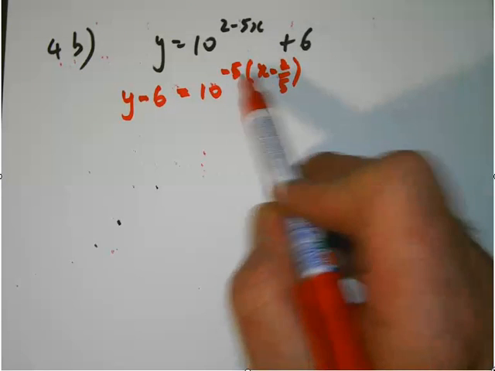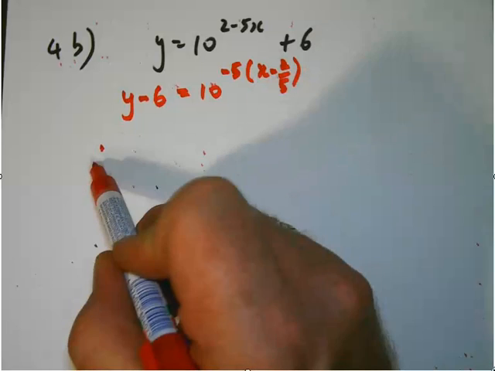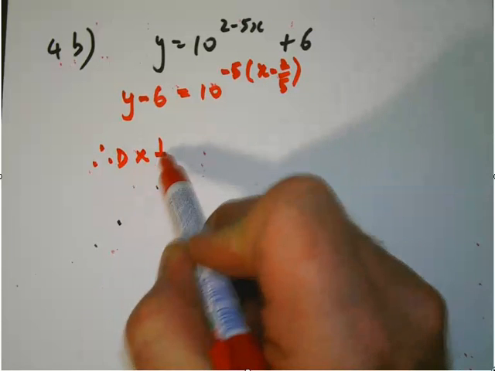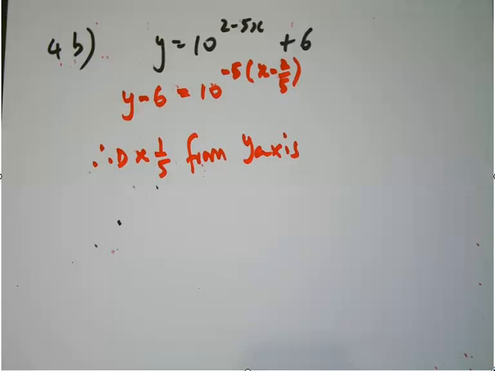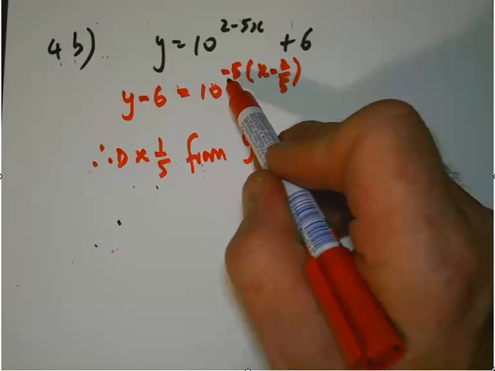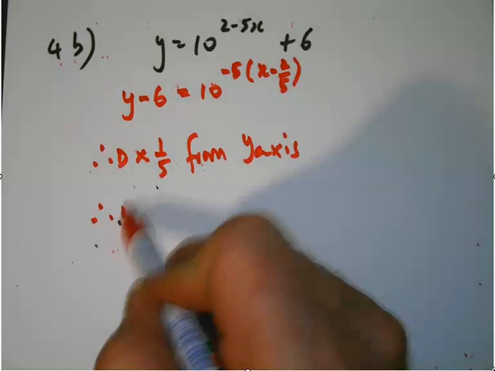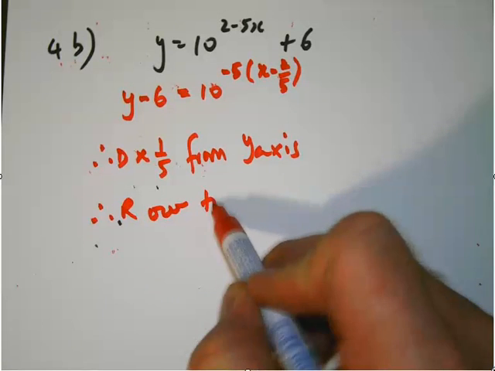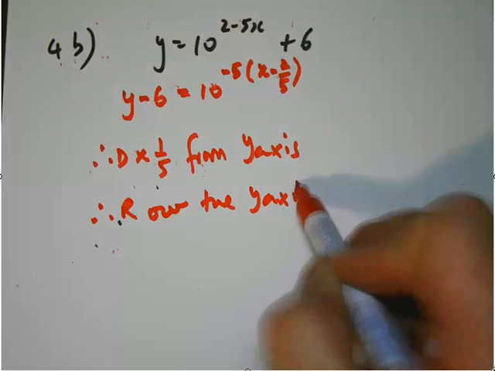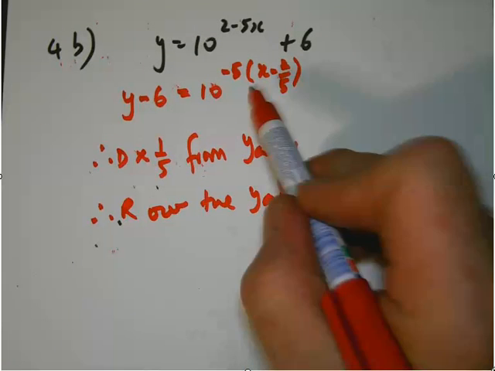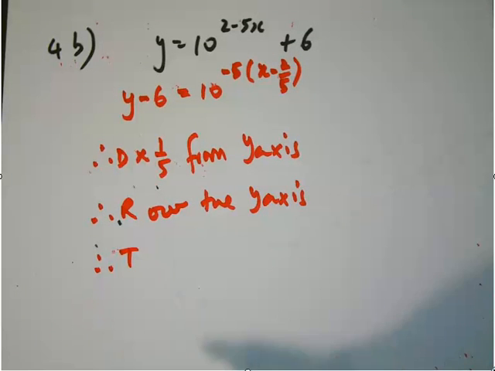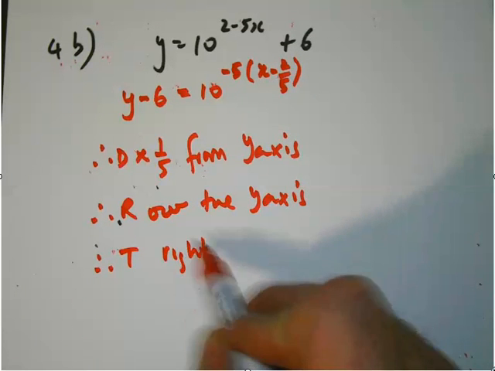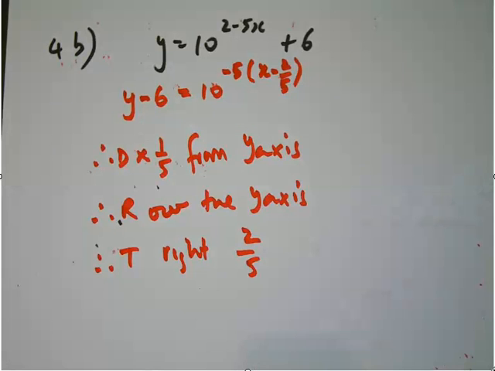X has become 5x, therefore a dilation by a factor of 1/5 from the y-axis. X has become minus x, therefore a reflection over the y-axis. X has become x minus 2/5, therefore a translation right 2/5.